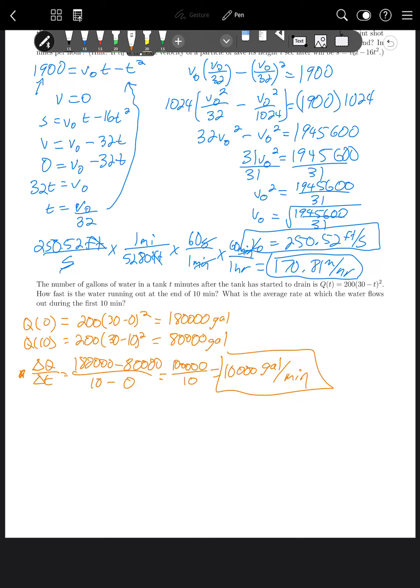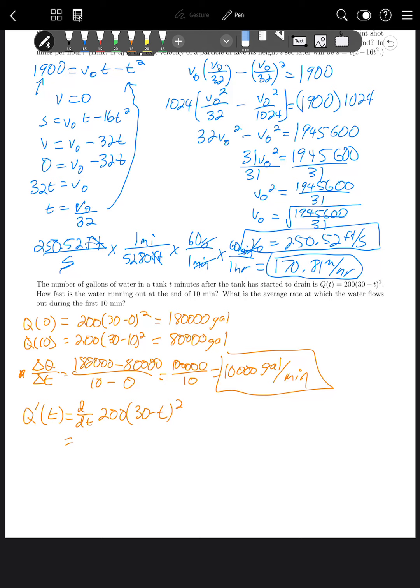But to do the instantaneous rate, we need the derivative. So you need to find the derivative of Q with respect to t, the derivative of this function. To do that, using what we know now, we're going to need to multiply this out first. So d/dt of 200 times (30 minus t) squared.